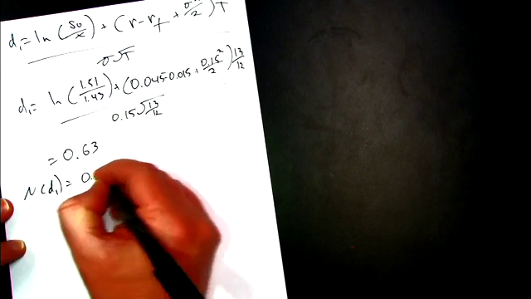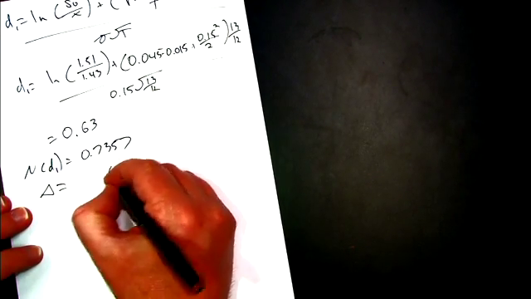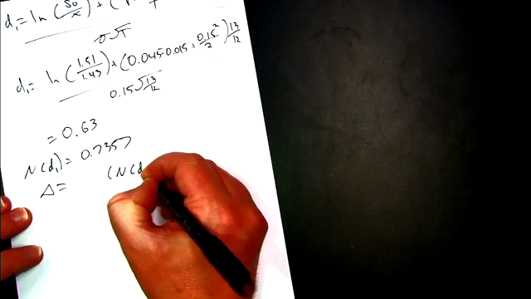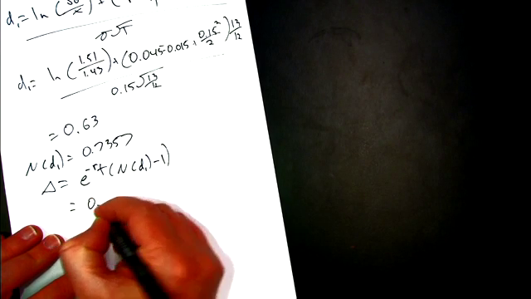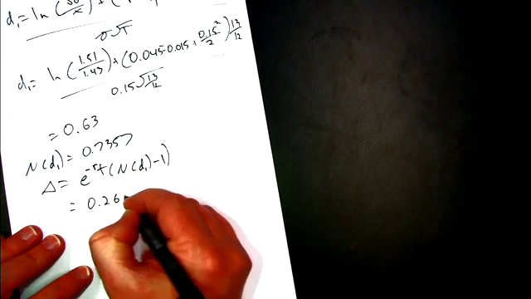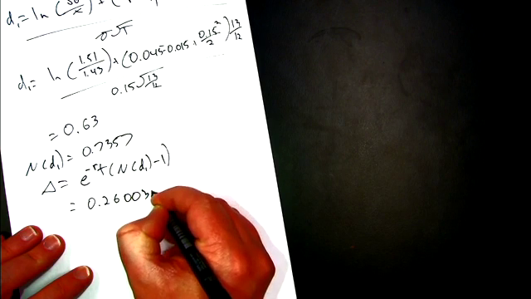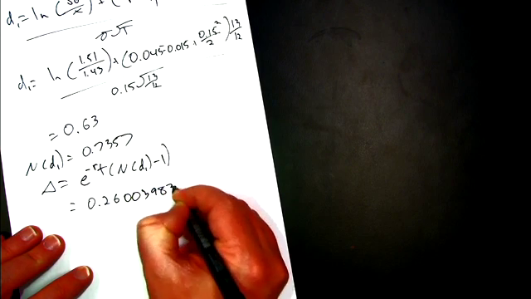So N of D1 is equal to 0.7357. So my delta is going to be equal to that minus 1, because it's a put option. And then I have to remove the Eurozone risk-free interest rate as well. And that gives me 0.2600398832.